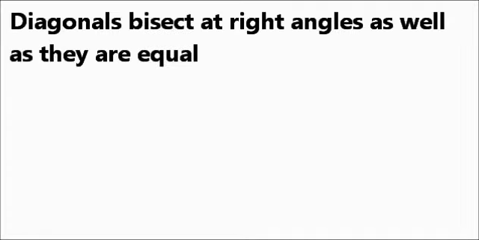Yes, it is possible to say that, and hence it clearly shows that a square will inherit all the properties of parallelogram, rhombus and rectangle. And hence the properties of square show that the diagonals bisect at right angles and they are equal as well. Let's add these properties of square in our property sheet.